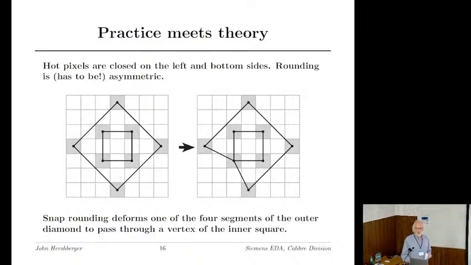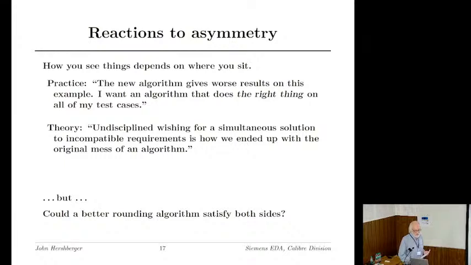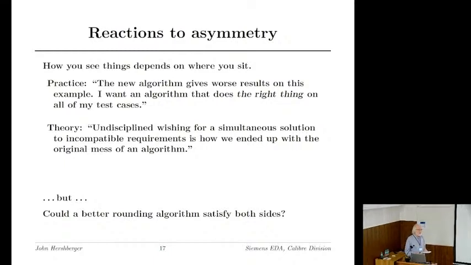And how you respond to that depends on where you come from. My inclination was to say, yeah, that's the way it is. But our software testers had a different response. They tended to say, this algorithm is worse on this example than the previous code, and I want an algorithm that does the right thing on all of my test cases.